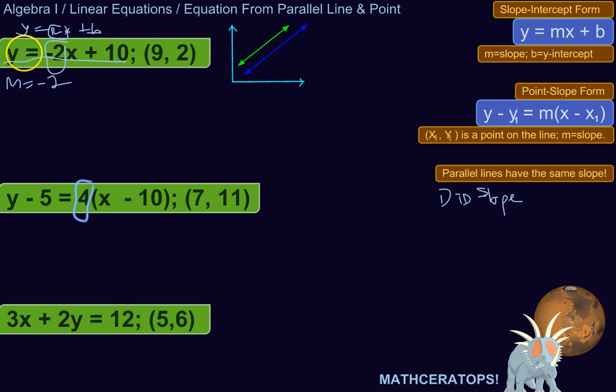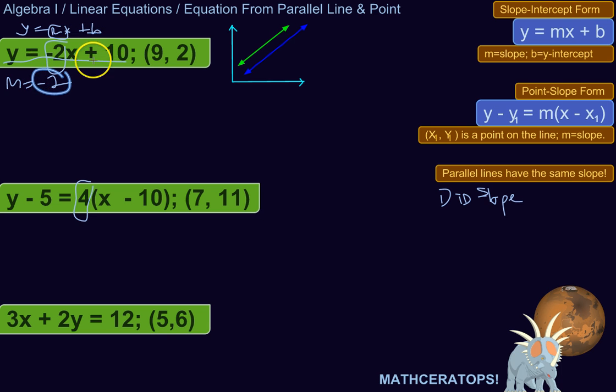So if it's not already in a form which just tells you what the slope is, rearrange it into a form that'll tell you what the slope is of the line to which you're trying to be parallel. So step one, ID the slope. The slope of my line is going to be -2, just like this line. But my line needs to include this point, 9, 2.